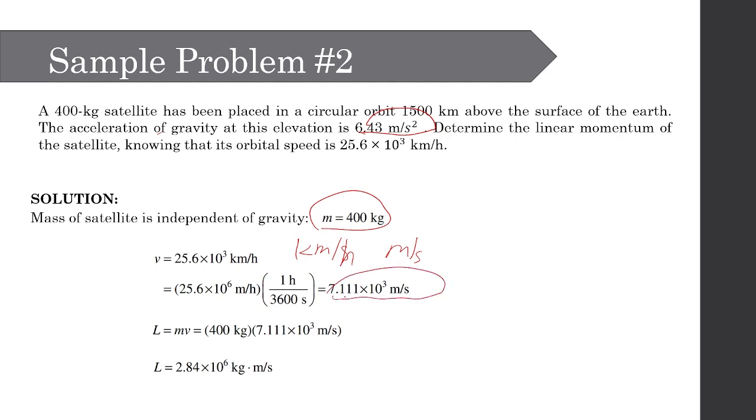So we have the velocity in meters per second as 7.111 times 10 raised to 3. Linear momentum is mv, so we are talking about the linear momentum of the satellite. So m is 400, velocity is 7.11 times 10 raised to 3 meters per second. Therefore the linear momentum is 2.84 times 10 raised to 6 kilogram meters per second.